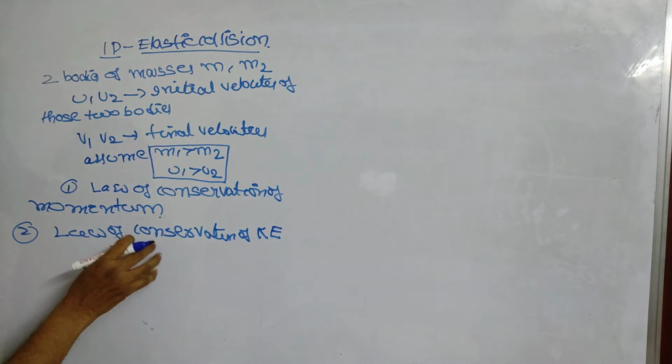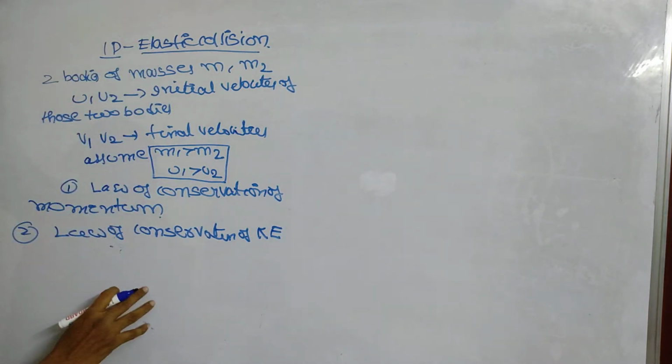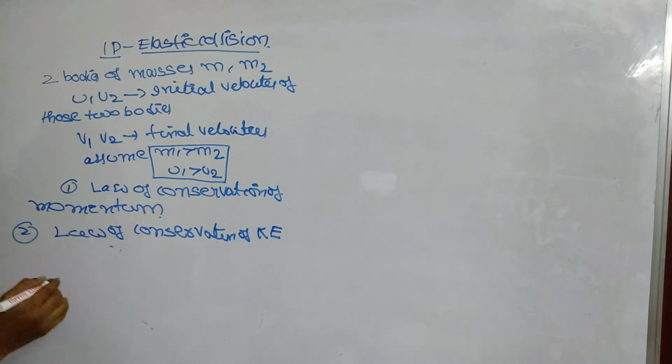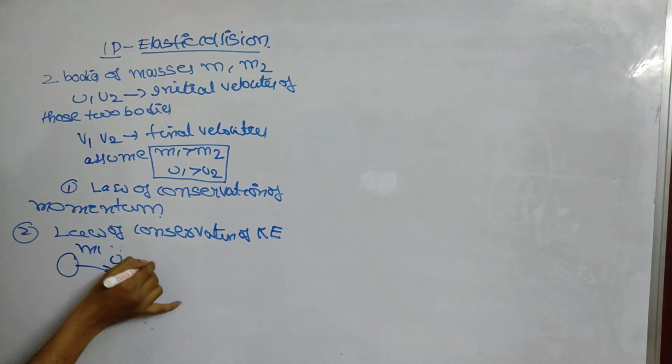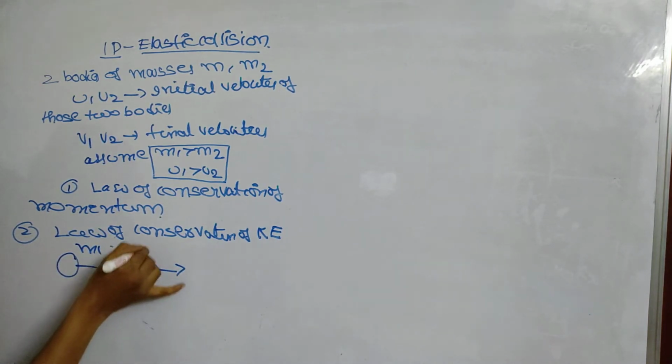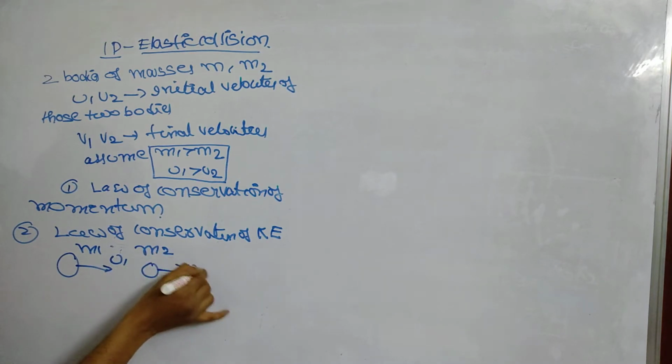Both these laws are obeyed by one-dimensional elastic collision. To verify those, first you consider the mass m1 whose velocity is u1, another body of mass m2, velocity u2.